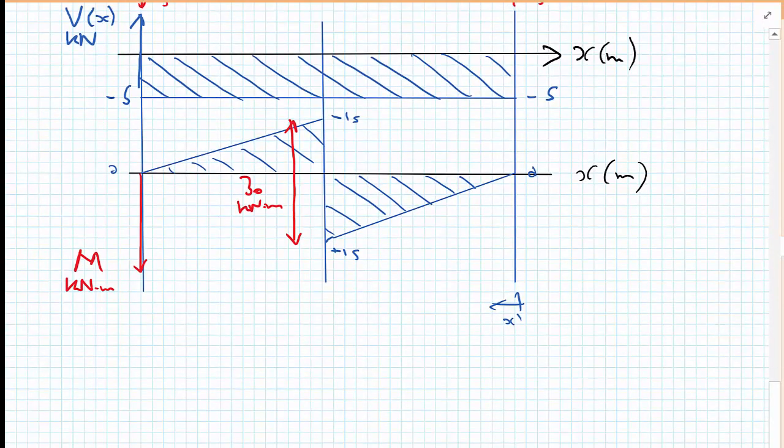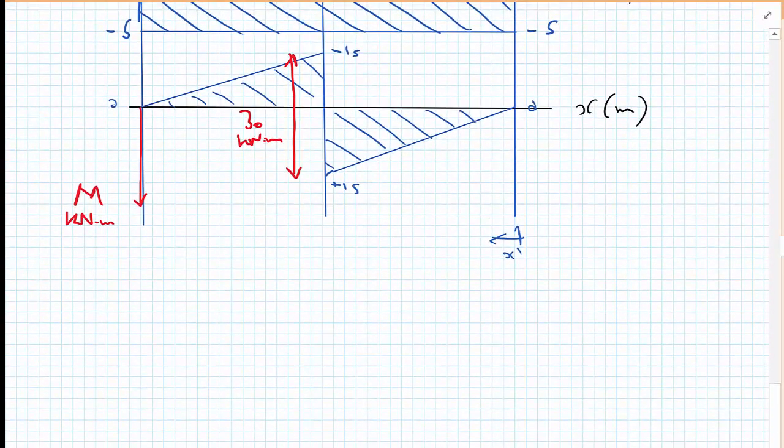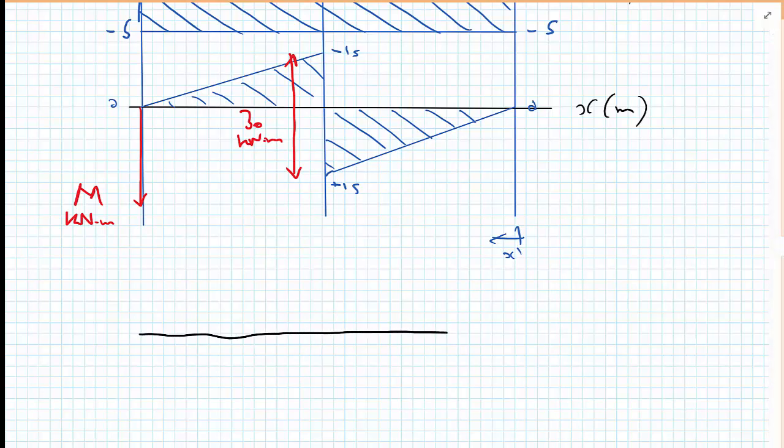One final thing to note, we have this bending moment diagram like this, and this is one of the cases where it's really useful to understand what is happening with the deflected shape of the beam. So if this black line here is the original shape, we know at the left hand side we have a support condition and that the beam cannot move up or down.